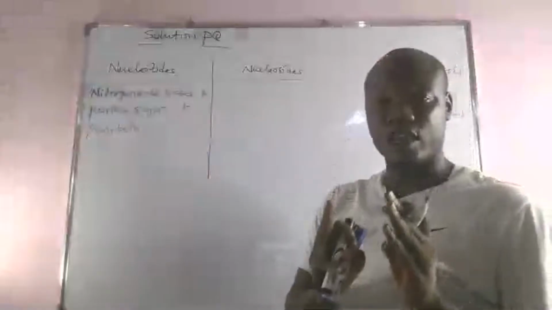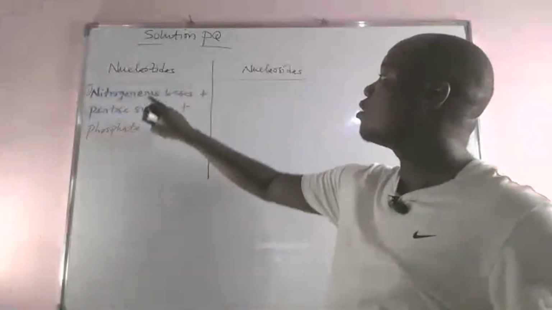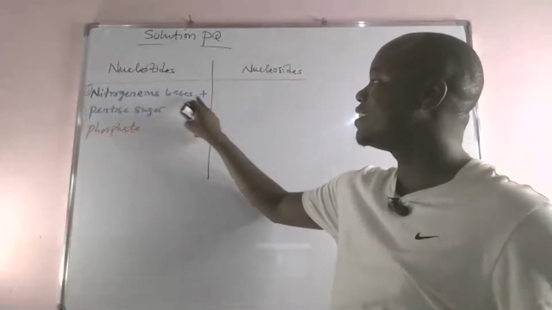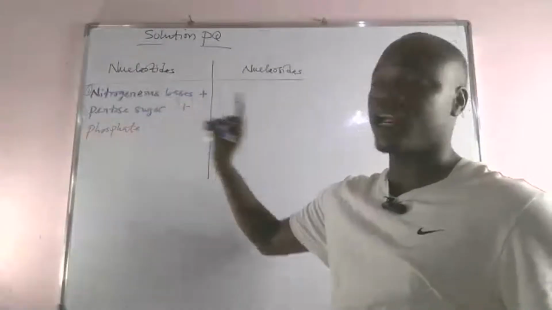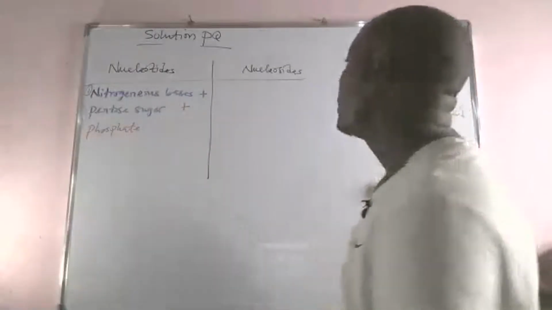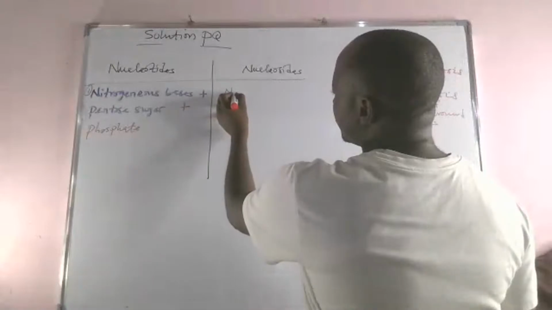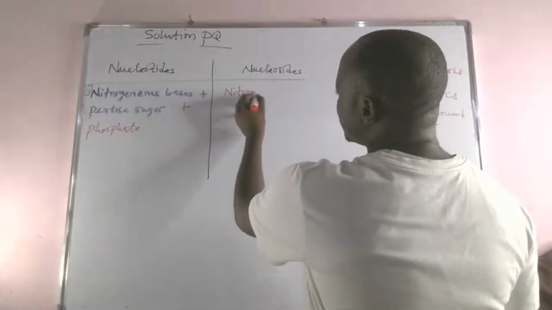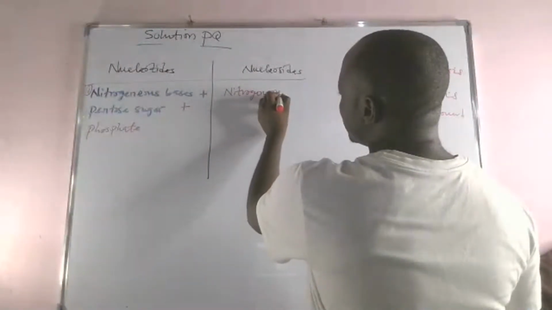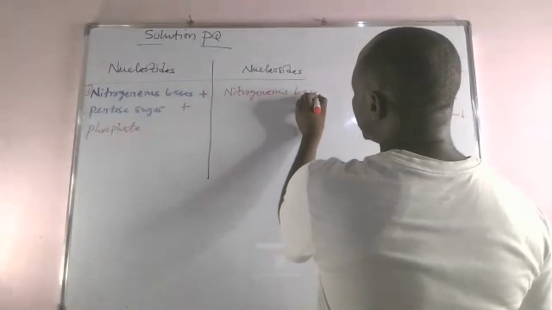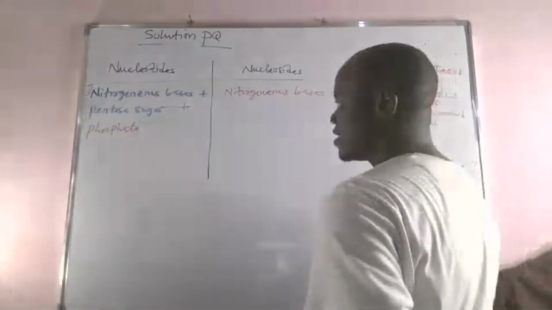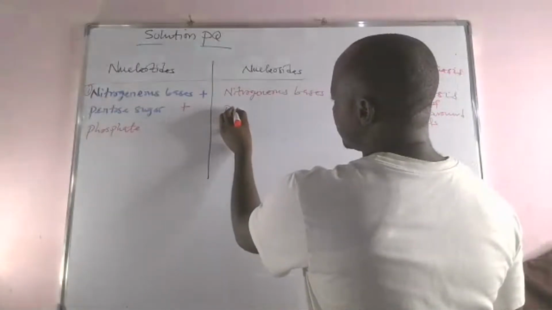The nucleotide is made up of three components: nitrogenous bases, pentose sugar, and phosphate. But nucleoside is made up of nitrogenous bases plus pentose sugar.